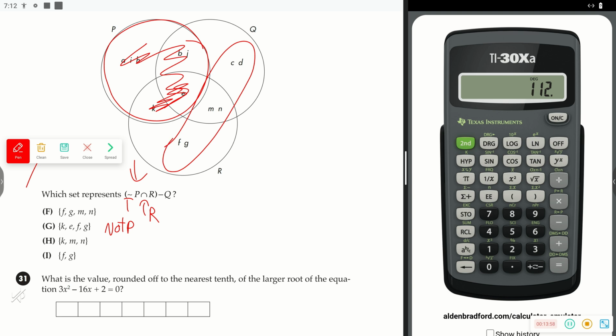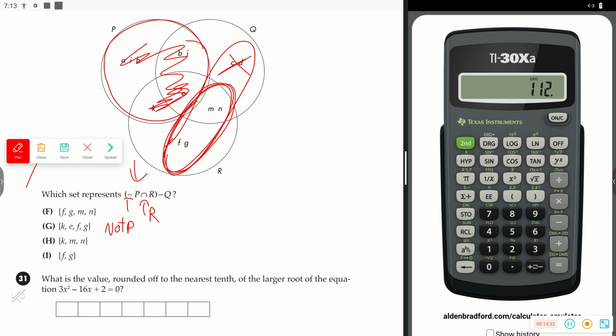But it's not P, but it does include all of the values in R, which are these two. Not P, but includes R. So not P, but includes R would just be these ones here.